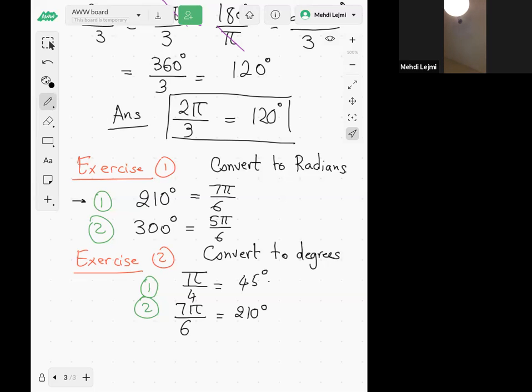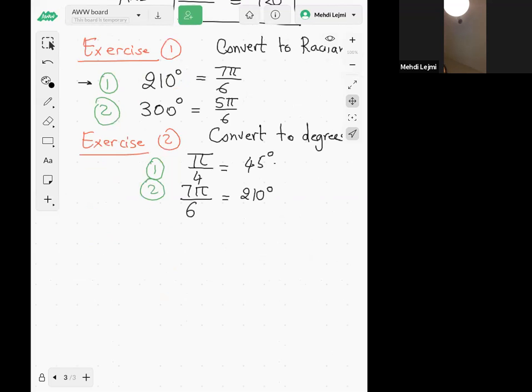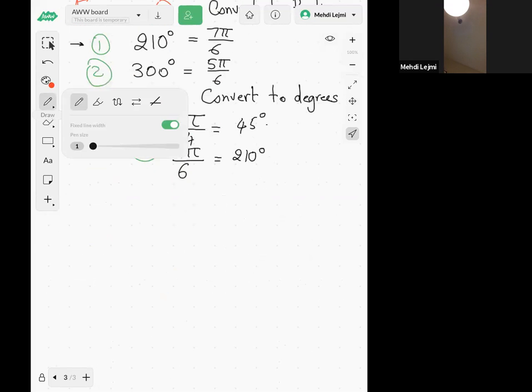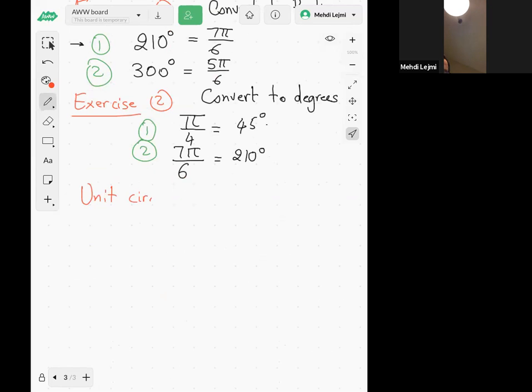That's good. Now, next, I'm going to introduce the trig functions. So now the fun part is going to start. The unit circle. Well, we have like 10 minutes, and in 10 minutes I cannot really do a lot.